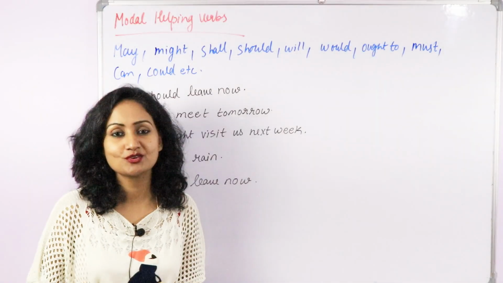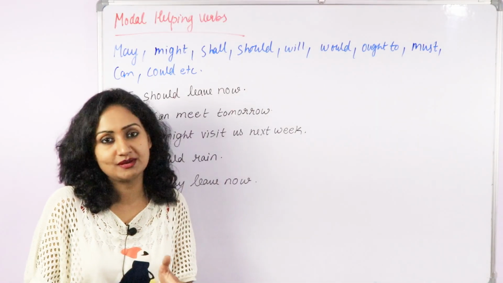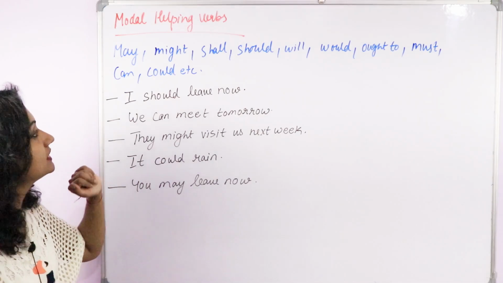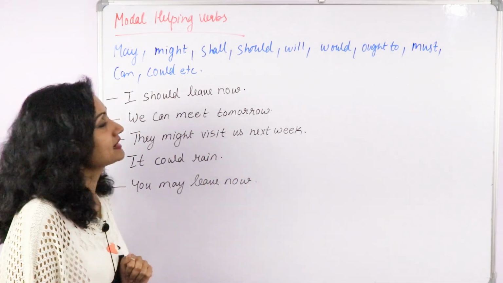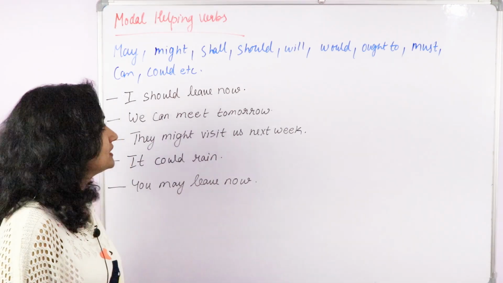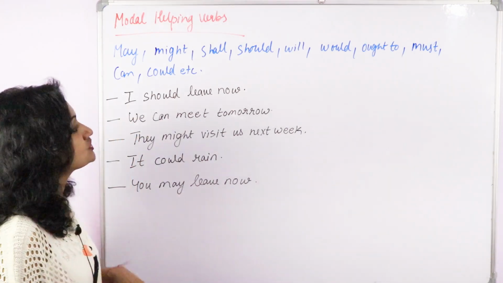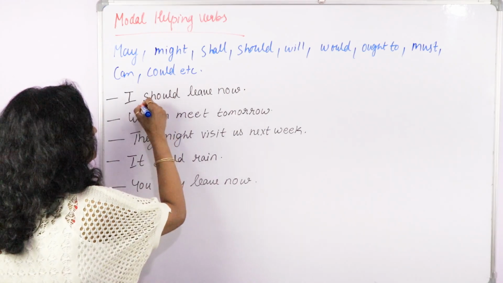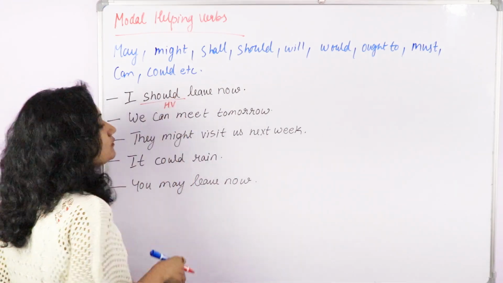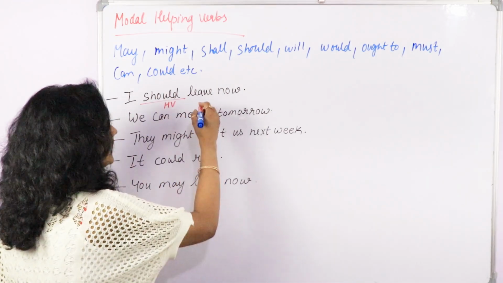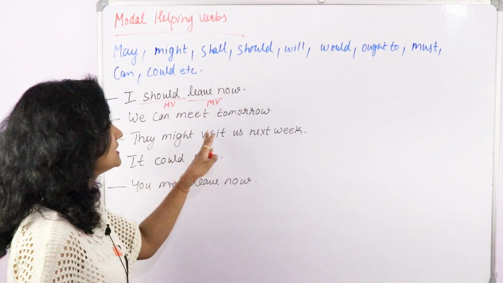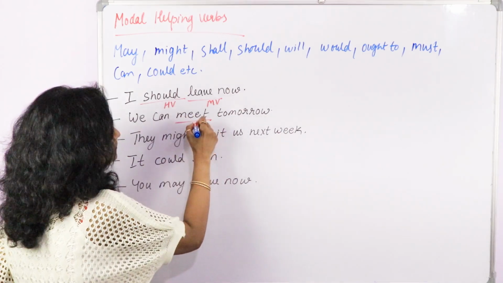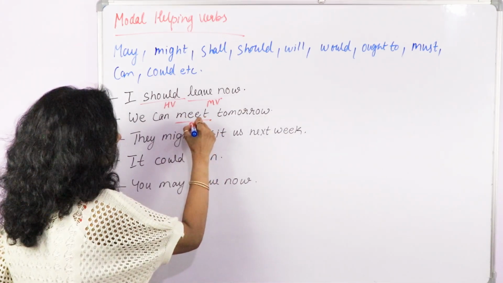After primary helping verbs, next is modal helping verbs. Modal verbs are like may, might, shall, should, will, would, ought to, must, can, could, etc. Now let's go through some examples. I should leave now. Should is a modal verb and a helping verb, and leave is the main verb. We can meet tomorrow. Again, first form of the main verb.